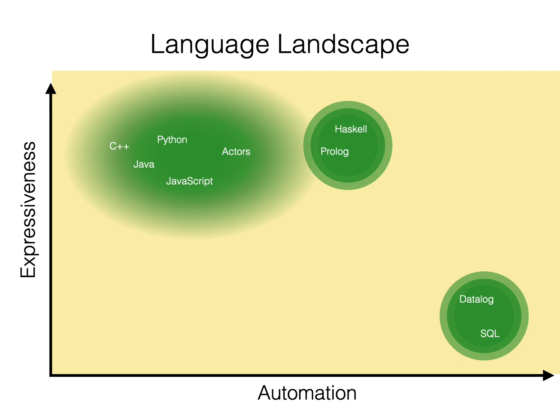The other extreme, Datalog and SQL, are declarative languages whose expressiveness is purposely limited in order to only be able to ask it to do decidable things. The only questions you can phrase are decidable questions.